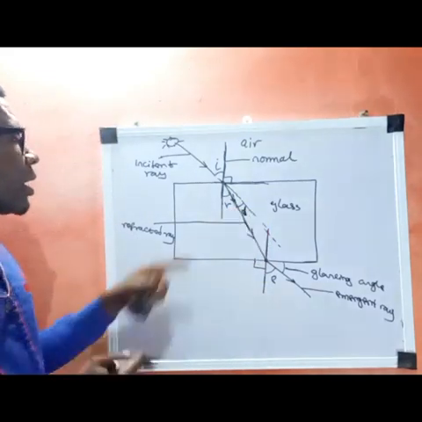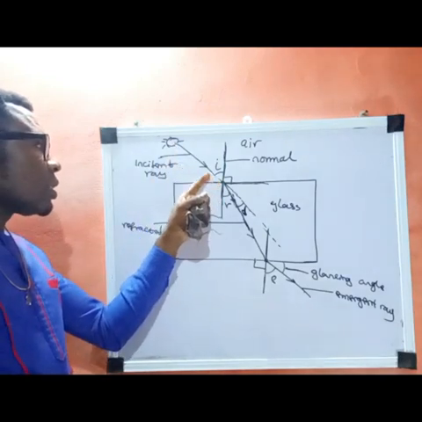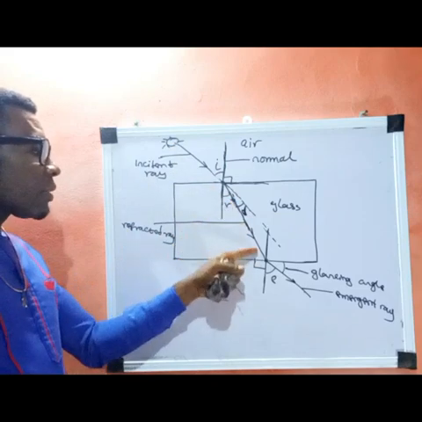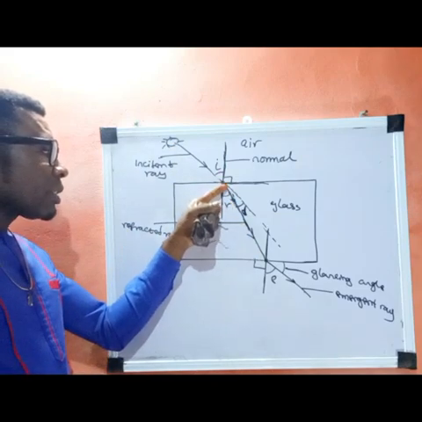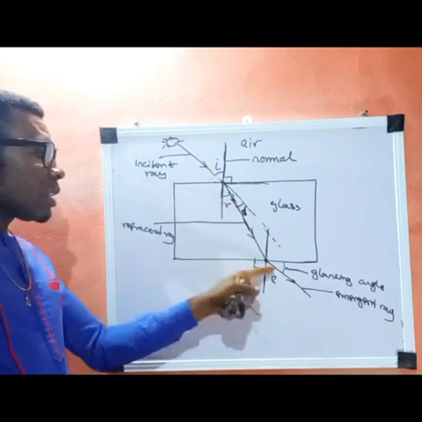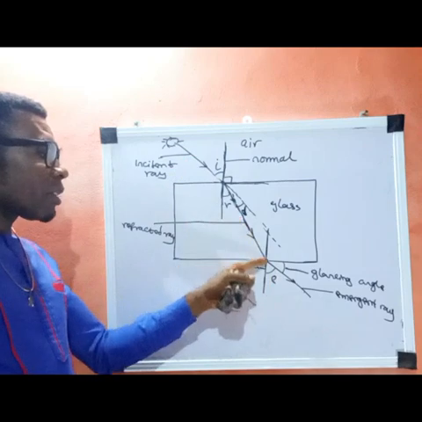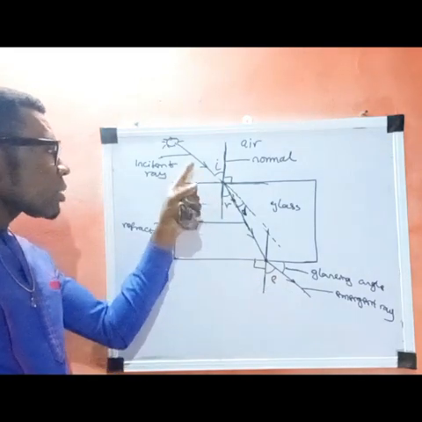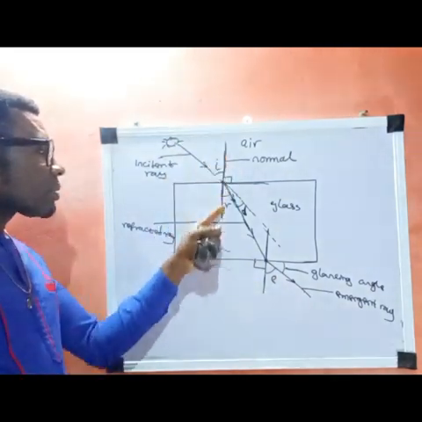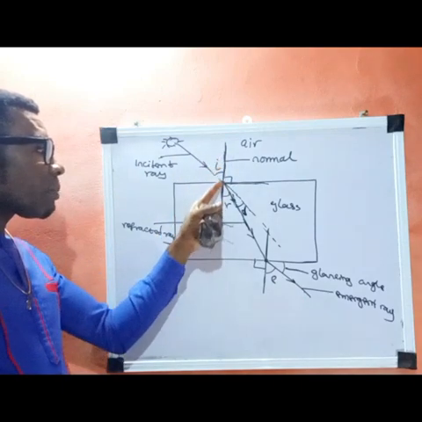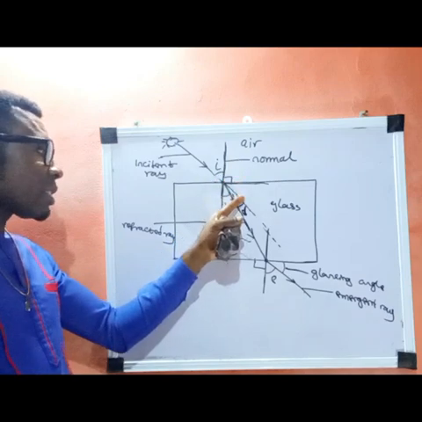So we have the incident ray, the ray coming from the light source; the refracted ray, the ray when the light ray moves from one medium to another; then the emergent ray when the light ray returns to the first medium. The normal is the line perpendicular to the boundary between two media of different density.